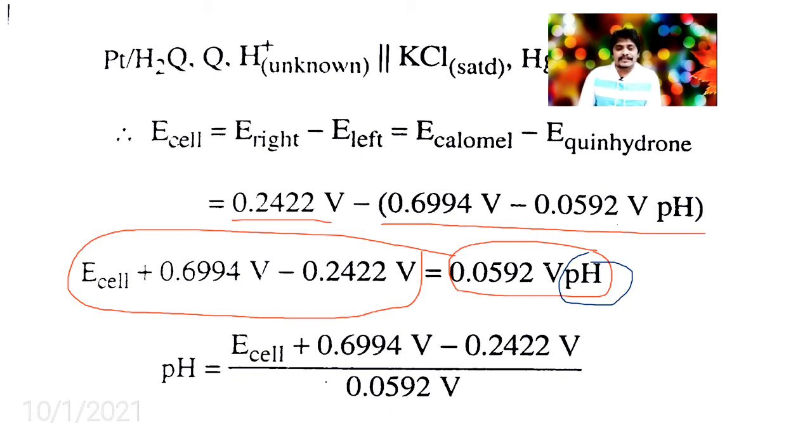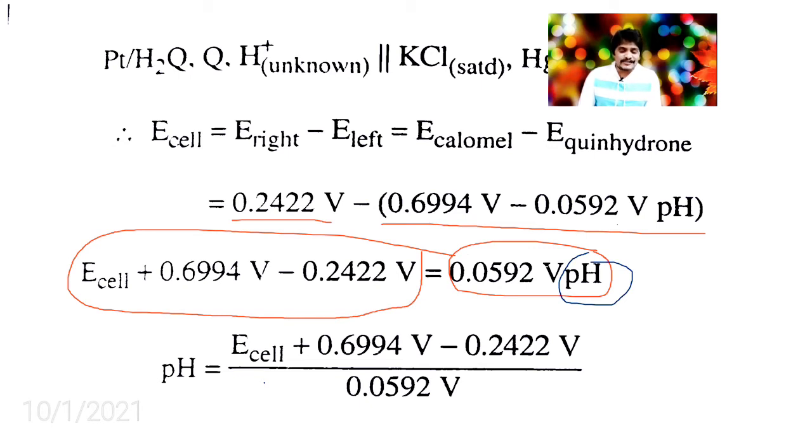So with this we will get the pH value. This is how we can calculate the pH of the unknown solution, making use of the quinhydron electrode, in turn making use of the saturated calomel electrode as the reference electrode.